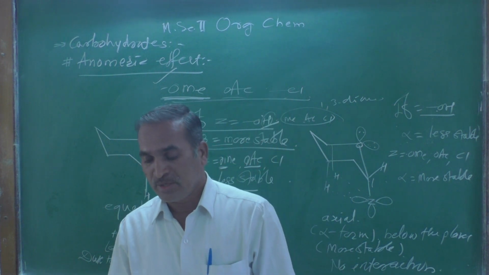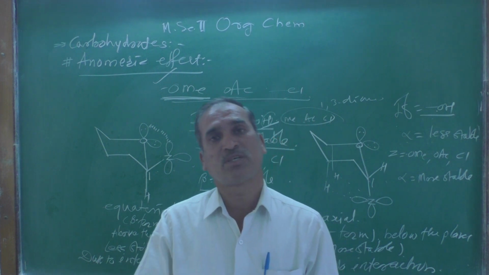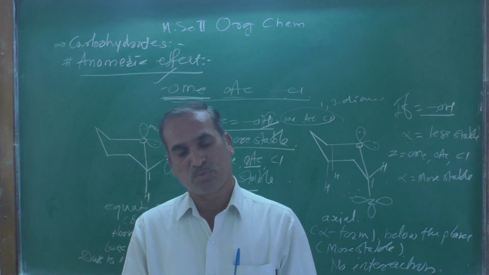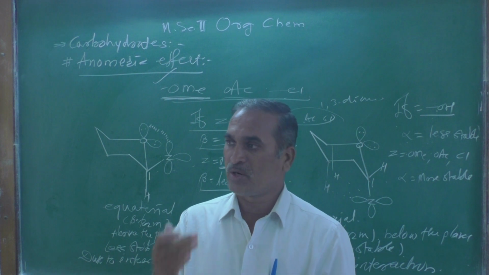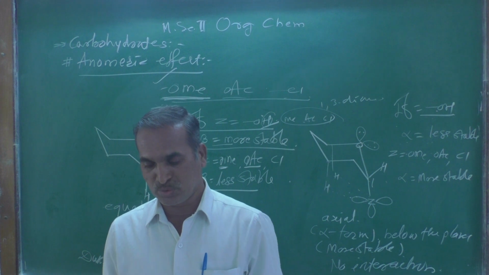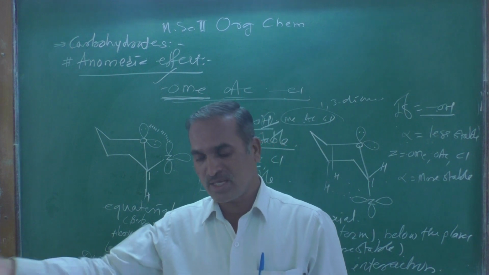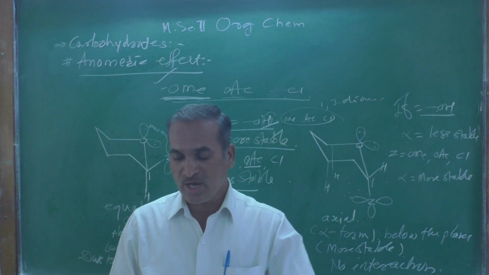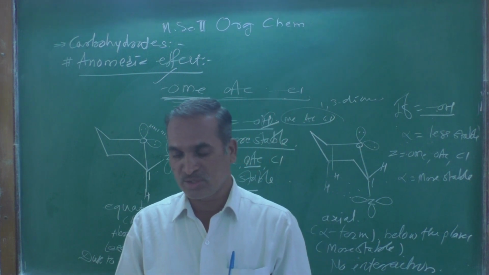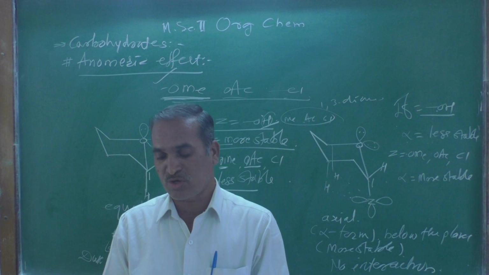So that is nothing but the anomeric effect we have seen over here. The anomeric effect varies inversely with the dielectric constant of the solvent. As we know, there are two types of solvents, polar and non-polar, and among polar, aprotic polar and polar protic solvents. Those having high dielectric constant have increased polarity, and therefore in aqueous solution the anomeric effect is small, because the anomeric effect varies inversely with the dielectric constant of the solvent.